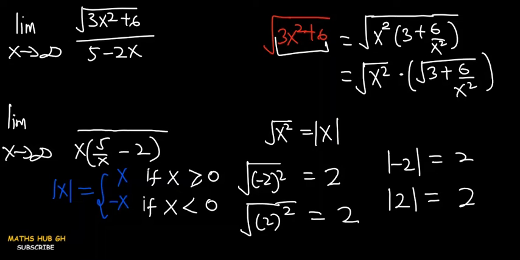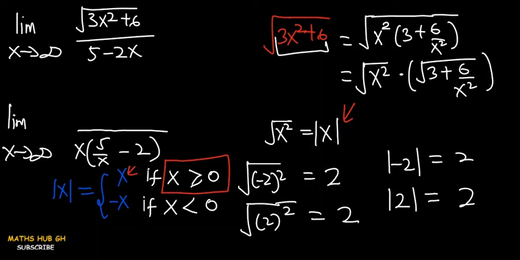So this absolute value of x that we have here can mean two things. It can either be equal to x or equal to minus x. How do we know which? We can tell depending on the value of x. If x is greater than or equal to 0, then the absolute value of x will be equal to x.